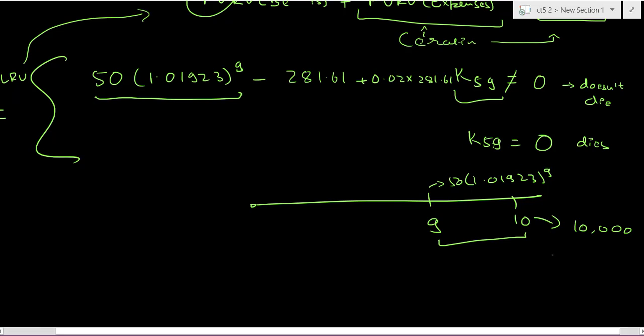And there will be a claim expense additionally, and the value of the claim expense is equal to 200, but it would have inflated for 10 years now. Till this time the inflation would have affected for 10 years, so this would be multiplied by 1.01923 to the power of 9.